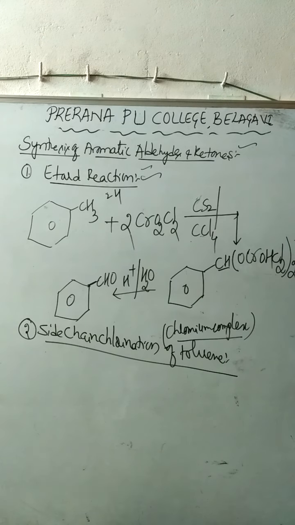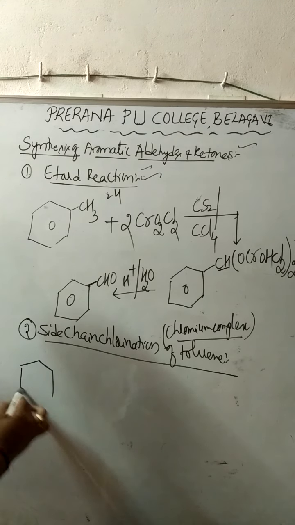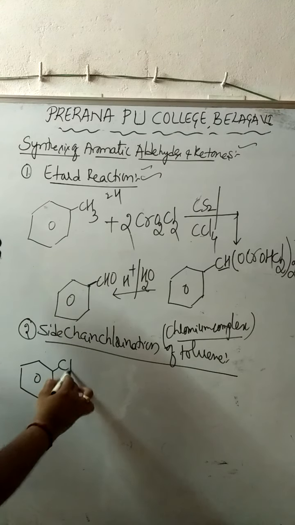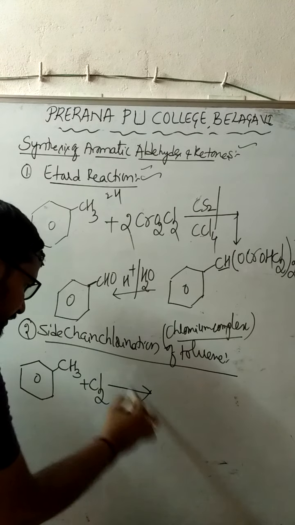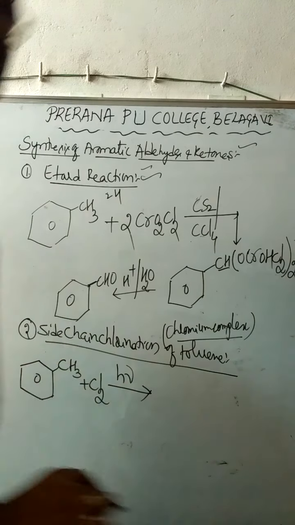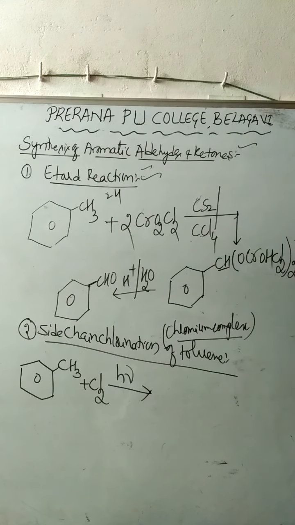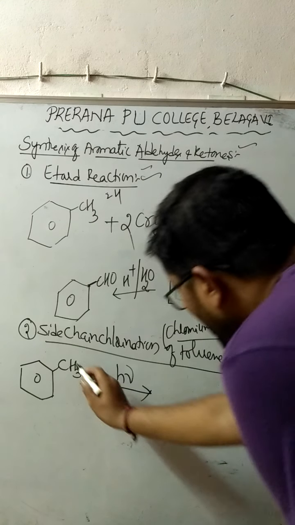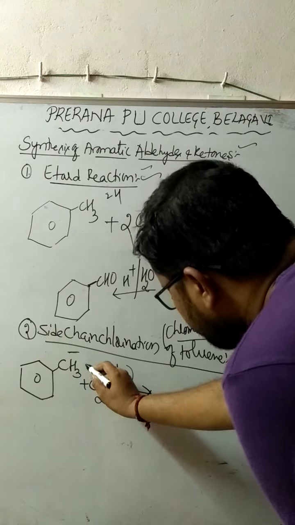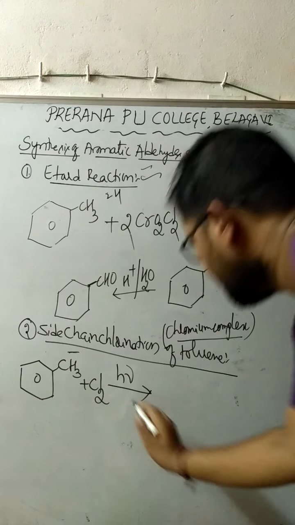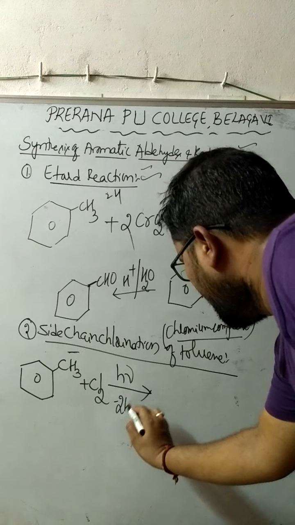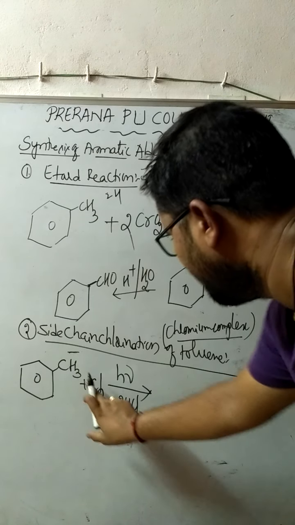Side chain chlorination reaction of toluene explains that when the particular reactant, that is toluene, is subjected to chlorination in the presence of diffused sunlight, 2 hydrogens get eliminated and are replaced by 2 chlorine atoms, such that 2 times HCl gets eliminated.